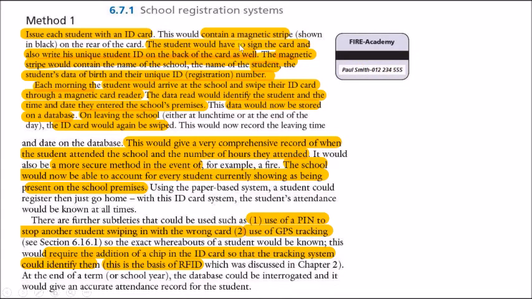The student would have to sign the card and also write his unique student ID on the back of the card as well. As you see, the magnetic stripe would contain the name of the school, the name of the student, the student's date of birth, and some unique number, the ID number for this student.